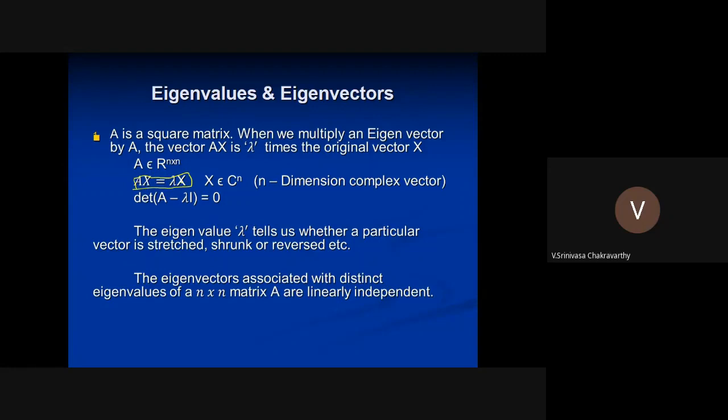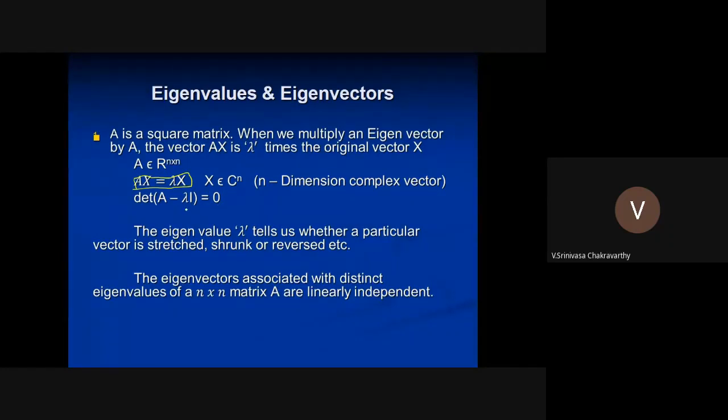So you can bring lambda x to the left side and you get Ax minus lambda x equal to 0. That's a zero vector, and so that means the determinant of A minus lambda I must be equal to 0.